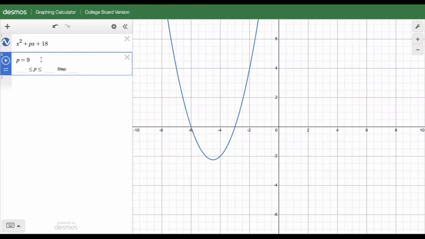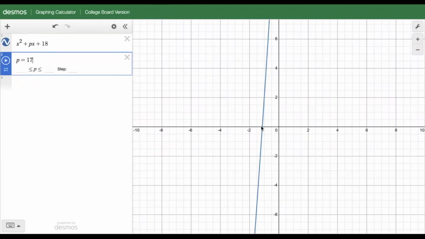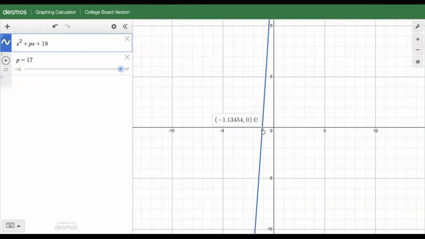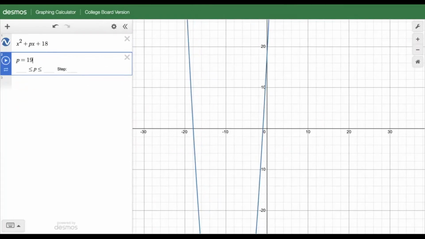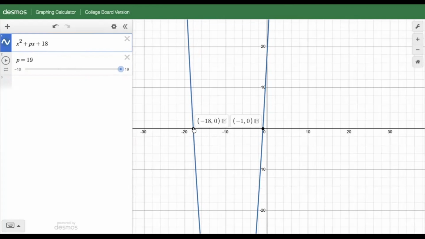And then when you change p to 17, you can just look, this first intercept is not an integer, it's a decimal. So again, we end up with two intercepts, but they're not integers, which is why it didn't factor. And then if you make it 19, you get -1 and -18, which again are integers.